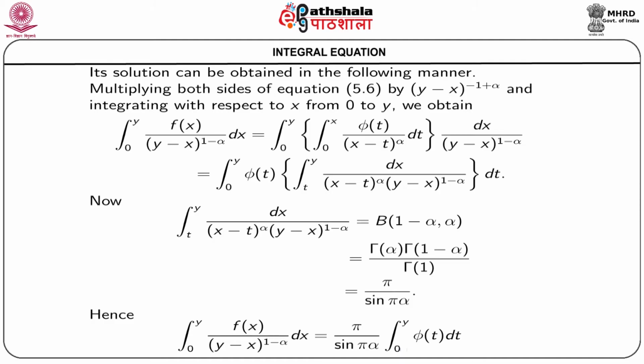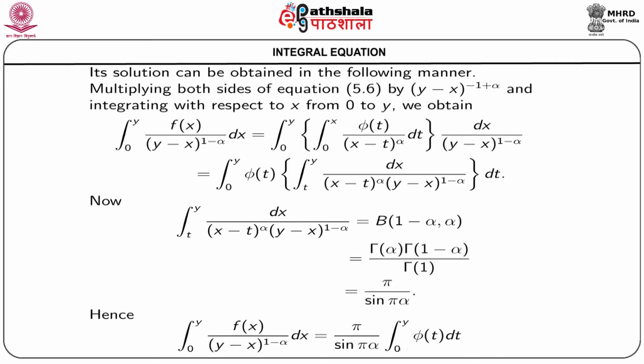Now, beta function can again be written in terms of gamma function, which is given by gamma alpha into gamma 1 minus alpha divided by gamma 1.